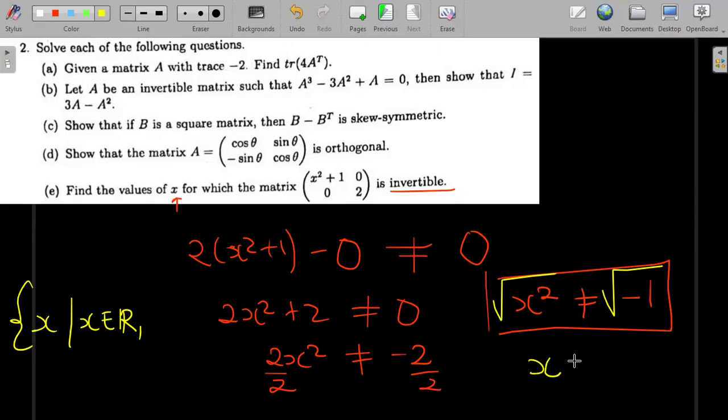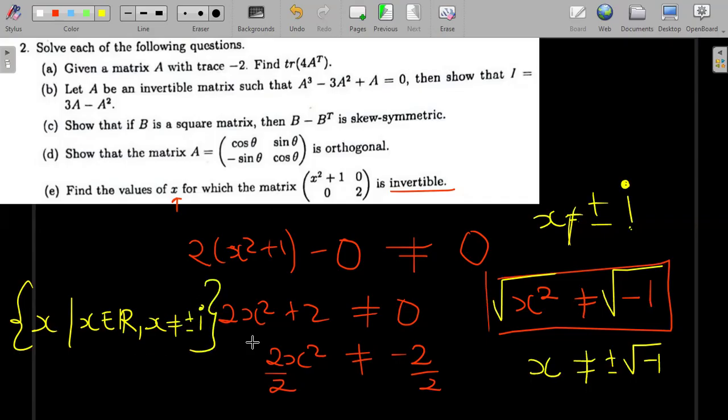We have x should never be equal to plus or minus the root of minus 1. So the root of minus 1 is what? It is i, from complex numbers. So x should not be equal to plus or minus i.